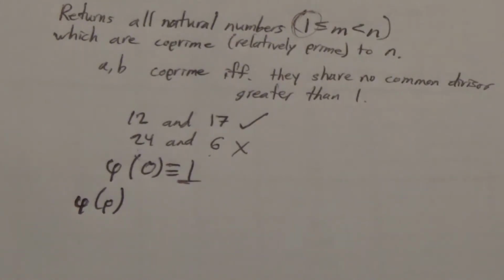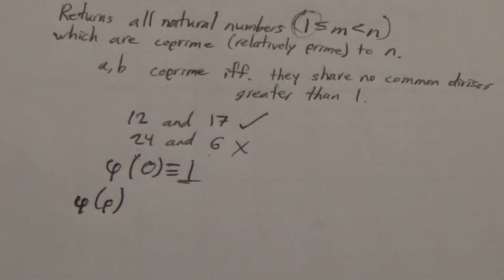The reason for that is that this function starts with 1, and 1 is considered coprime to all numbers. So if we have phi of a prime number, what we're doing is going through each number from 1 to the prime number and seeing if they share any common divisors.